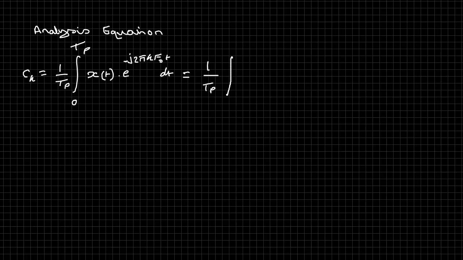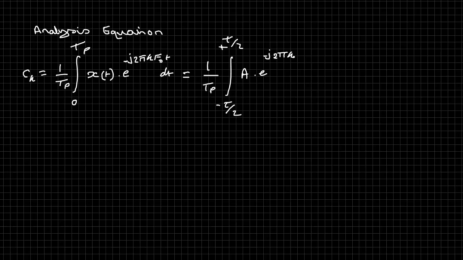So we've said that we are going to integrate from 0 to Tp, but we can simplify things further because our rectangular waveform only has a finite value over the period of minus tau over 2 to plus tau over 2, and during that time it has an amplitude of A, which is a constant, and it's multiplied again by the set of sinusoids.